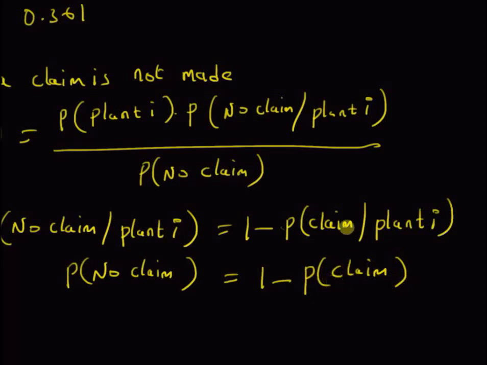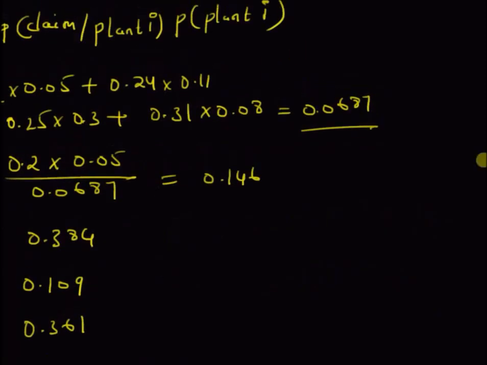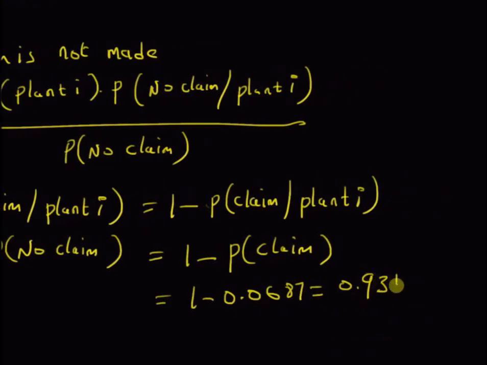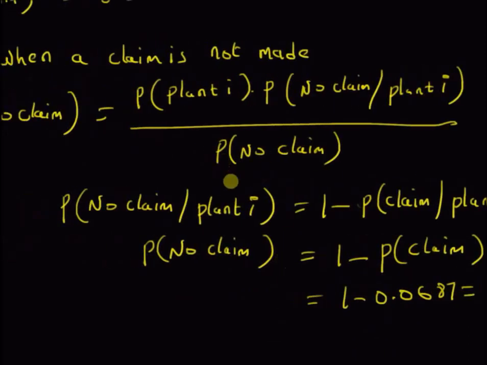That is the evidence from the first part of the problem, which is clearly equal to 0.0687. So this value should be equal to 1 minus 0.0687, which is 0.9313.